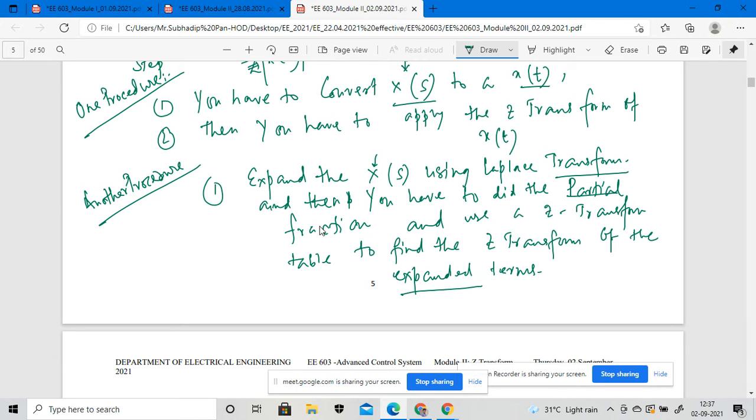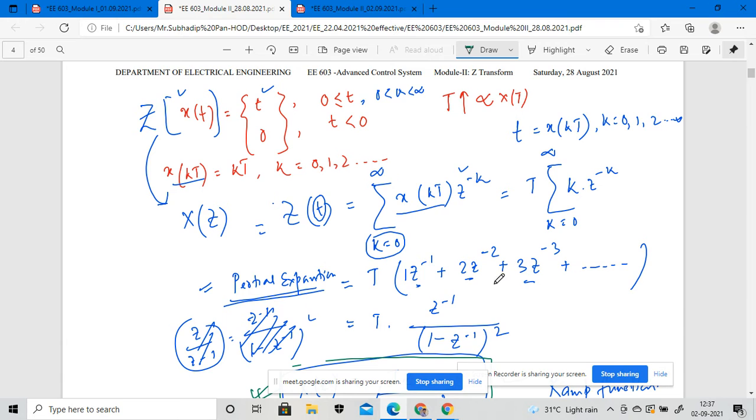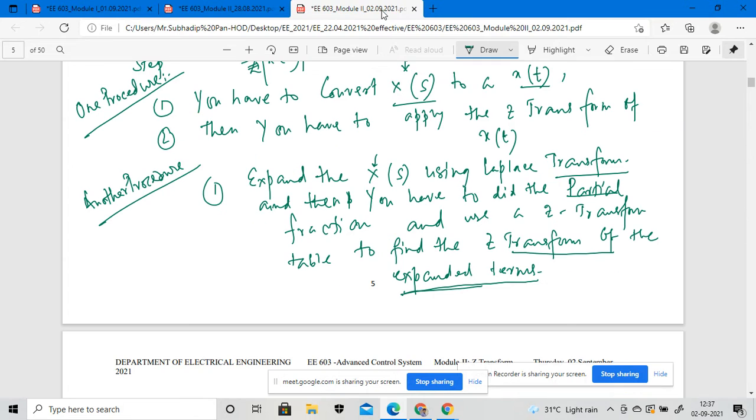Whatever output we get after doing the partial fraction, we have to apply the Z transformation of those particular expanded terms, like this one. This will be the function, and we have to expand this particular function using the partial fraction. Then we have to do the Z transformation of this expanded function. This is another method to do this.